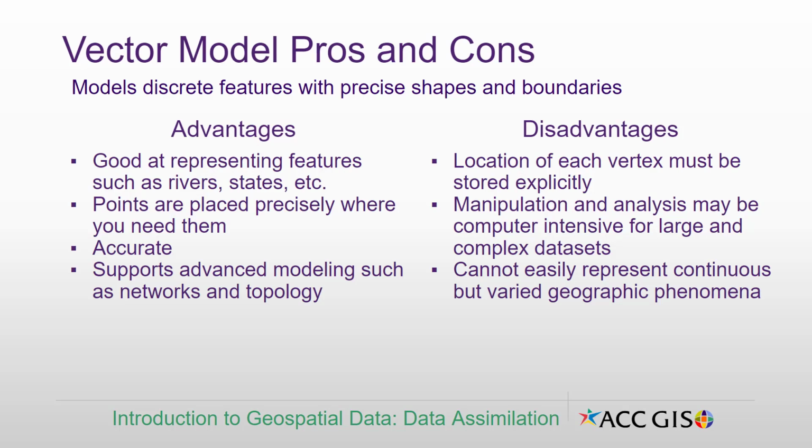So when we use Google Maps to route a location from A to B, we're utilizing advanced modeling like a network to do that. The disadvantages of the vector model include the location of each vertex must be stored explicitly, which can require a lot of computer resources to manipulate and analyze vector data. Also, vector data cannot easily represent continuous but varied geographic phenomena.